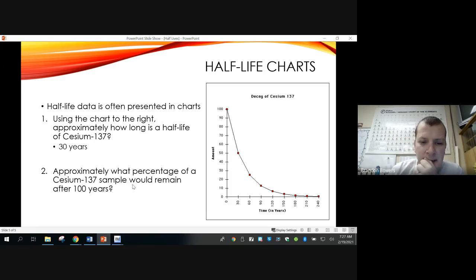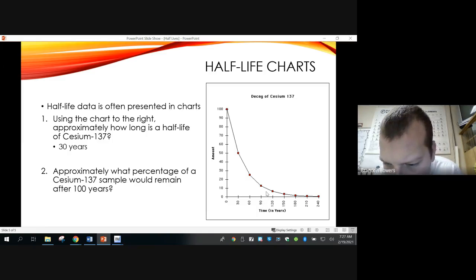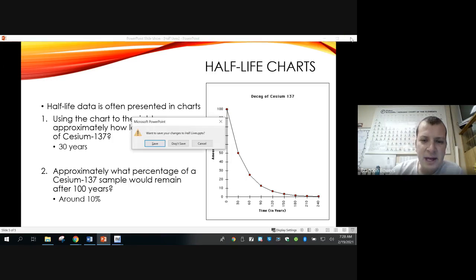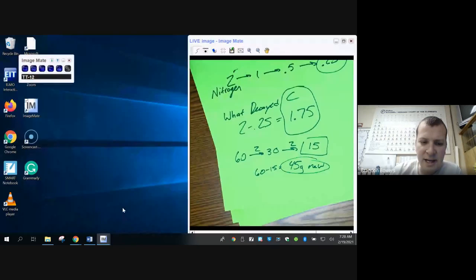What percentage would remain after 100 years? There's not really 100 years over here, but you can assume it's probably about right there, and if you go over, I'd say around 10. So at 100 years, you go up, meet your line, and see that it's about 10%. So that's the presentation.